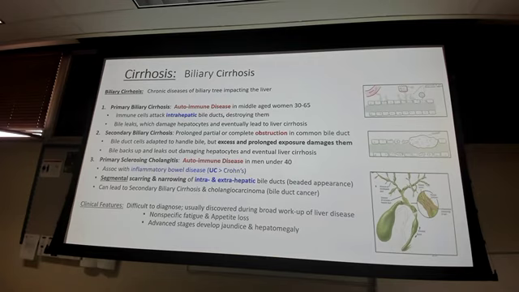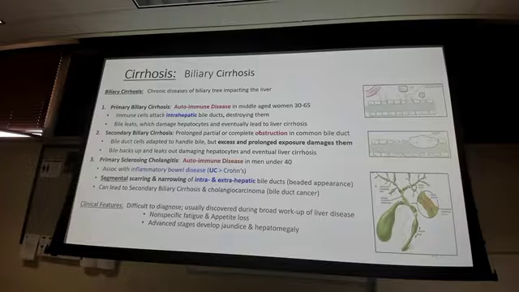For primary biliary cirrhosis, it's an autoimmune disease. It typically occurs in women, 30 to 65, and the immune system attacks the intrahepatic bile ducts, the ducts that are inside of the liver. It destroys them, and when it destroys them, that bile is going to leak out of them.